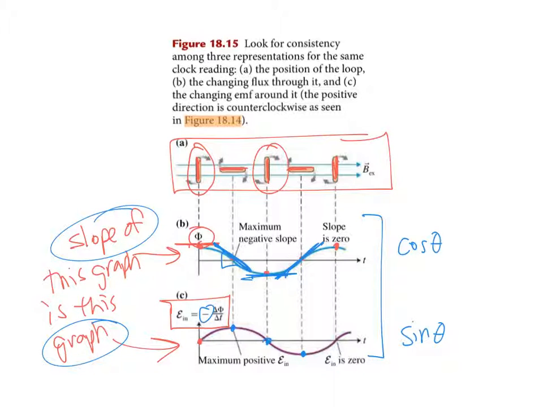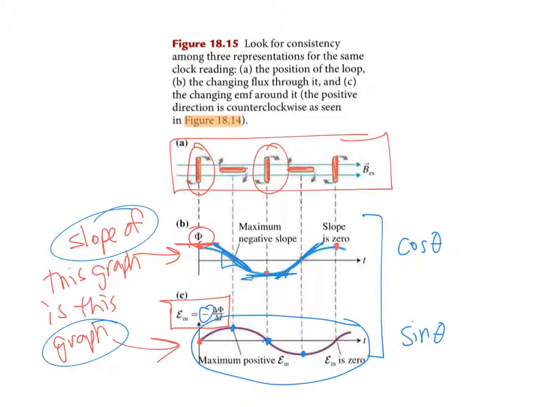Hopefully that helps. If you have questions, just so you understand how the generator works, it operates on the principle of a changing area over time, and the B field is constant. And it does rotate at constant speed. In your houses, the current changes direction 60 times a second. If you notice here, the induced EMF changes every cycle twice.